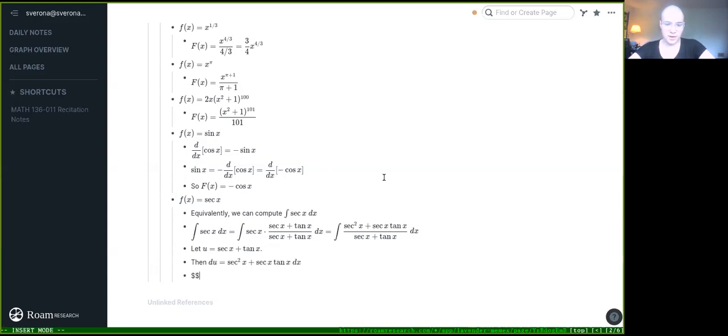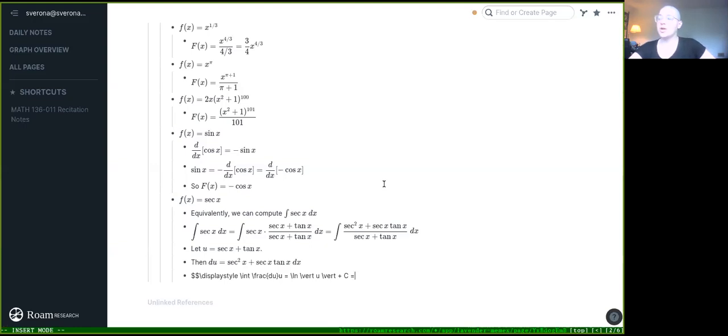And then my integral becomes, straightforwardly, the integral of du over u. And that's log of the absolute value of u plus c. I'm going to say plus c because I used an integral sign to write this.